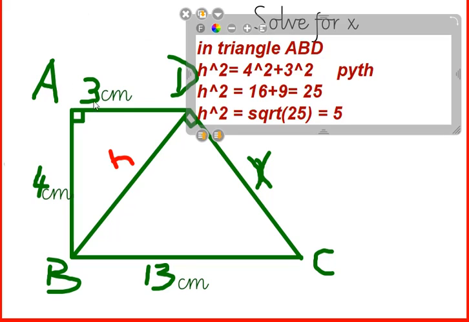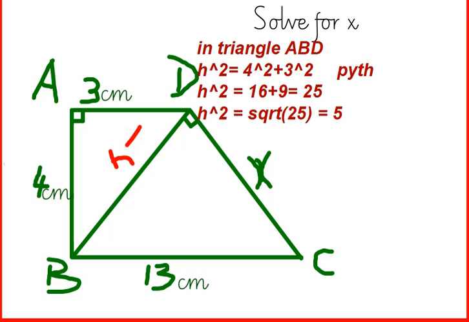So let's go back to our sketch and quickly write that down. That is 5. So now with that we have 5 and we have 13, and this is a right angle triangle.